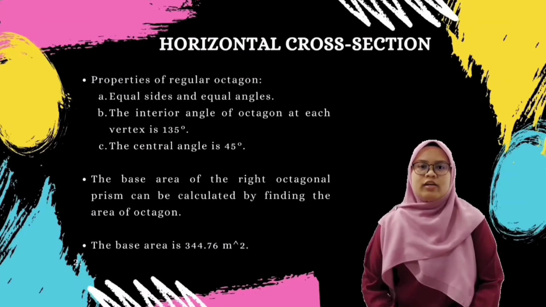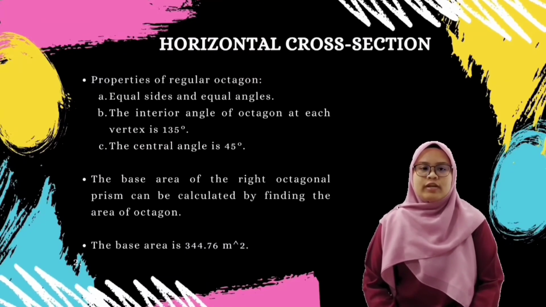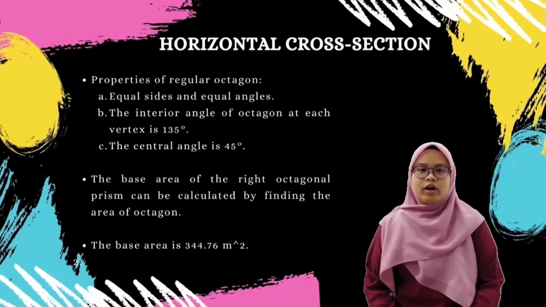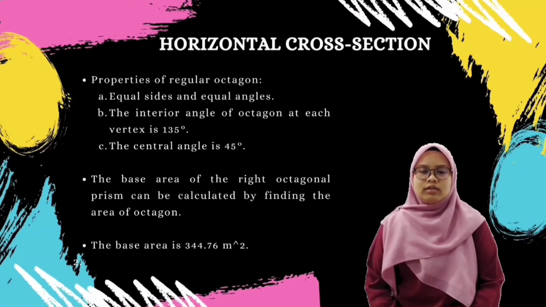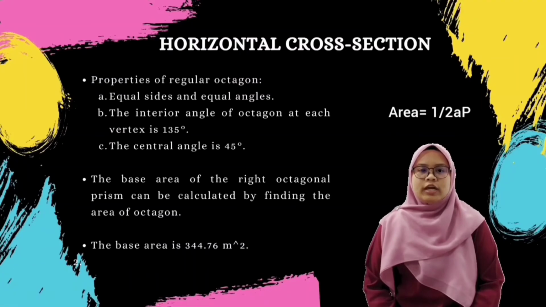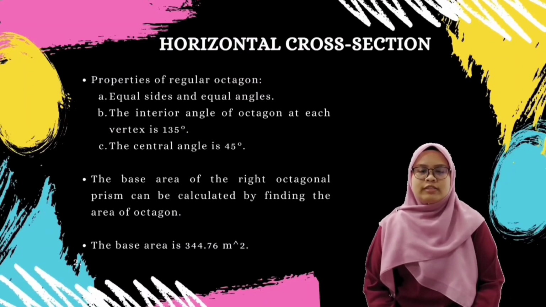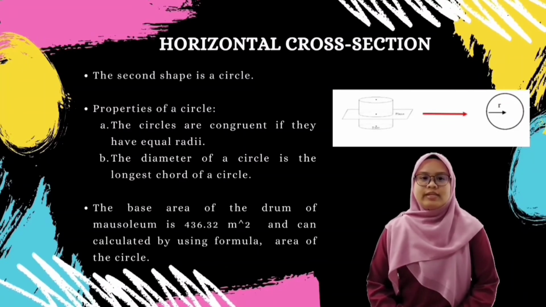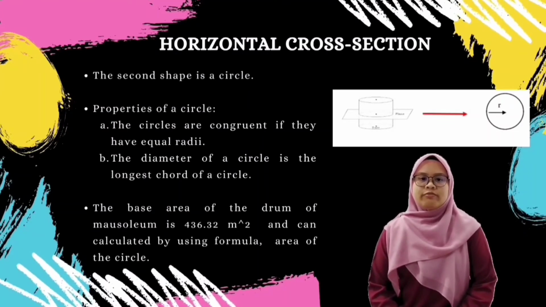The interior angle of the octagon at each vertex is 135 degrees and the central angle is 45 degrees. By calculating the base area of the octagon, we will get the base area of the right octagonal prism, which is 344.76 meters squared.